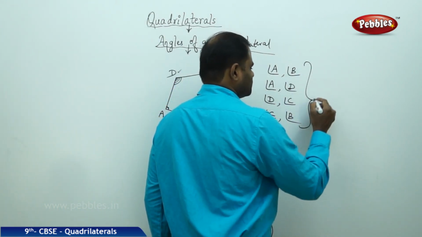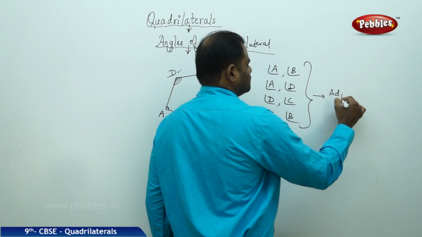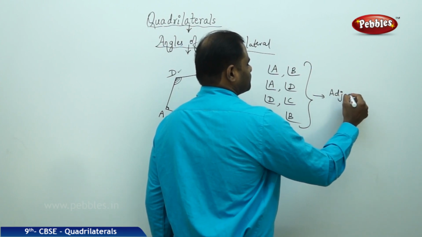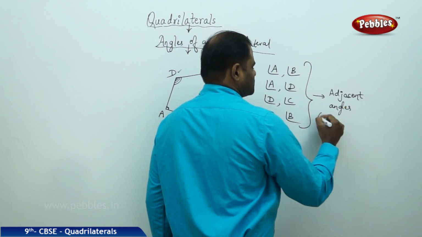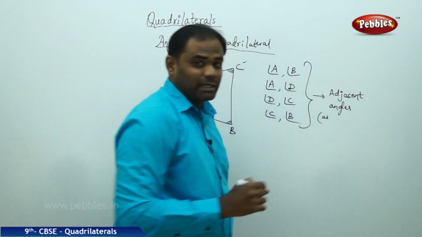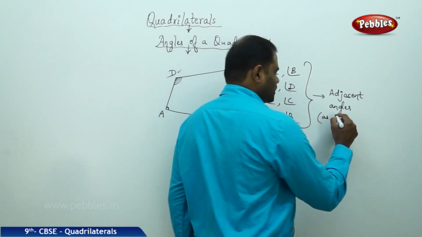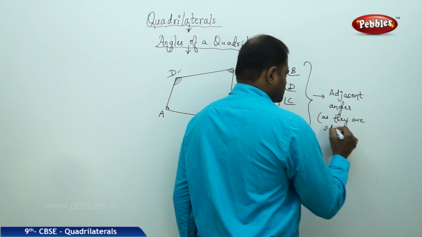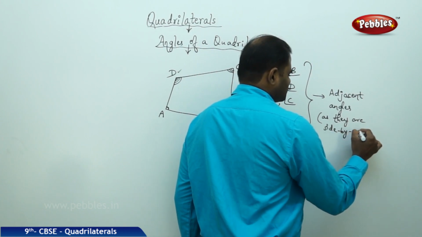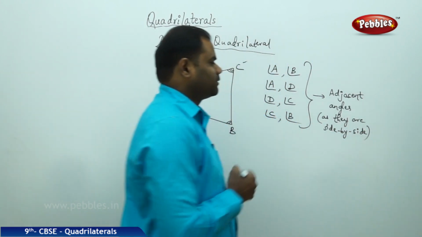So these are called adjacent angles, and they are called adjacent angles because they are side by side in the quadrilateral.